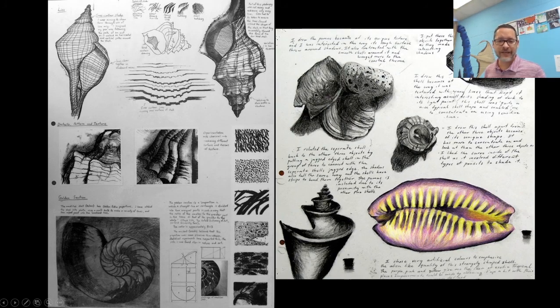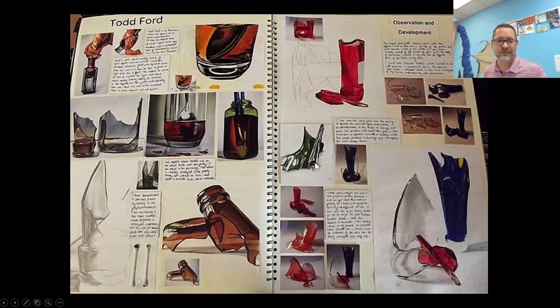So here are just some examples of annotation. You can tell this artist is studying seashells, and they're just making notes about the seashells, not just visual notes, which are drawings in this case, line types, you see that right there, texture types, you see this right here, up and down this side, and written notes.